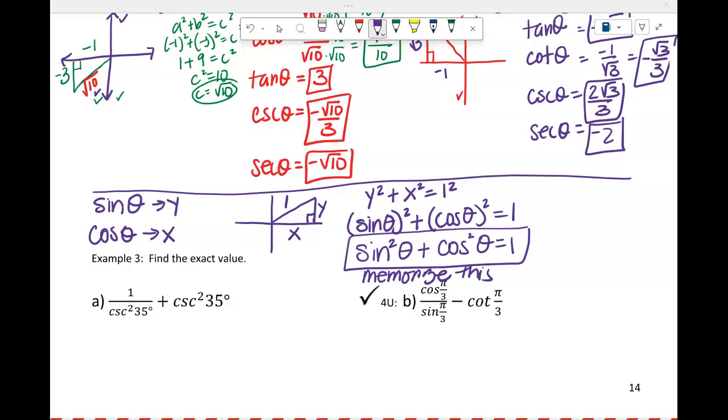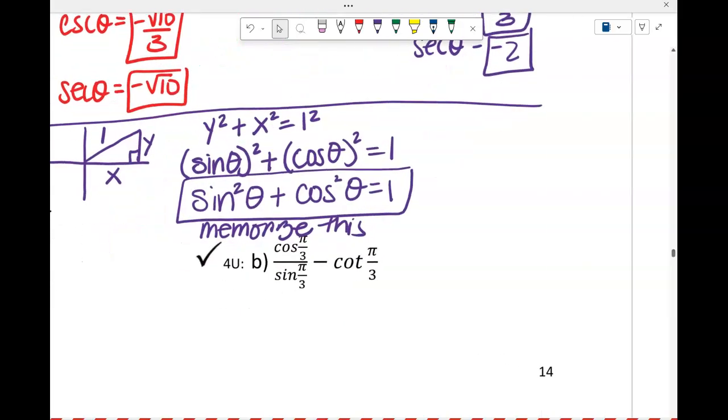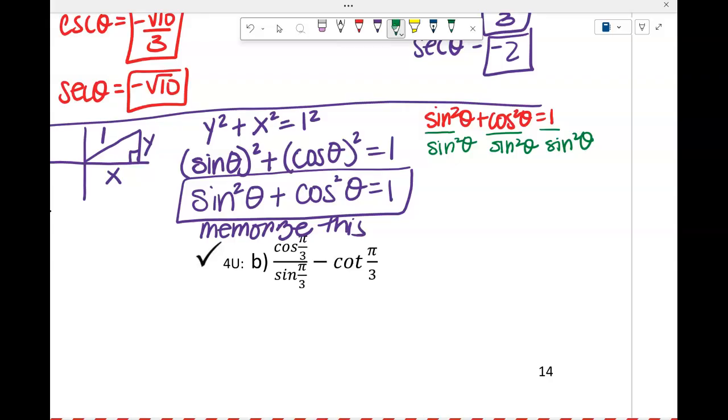Now from this one really important trig theorem, sine squared plus cosine squared equals 1, we are going to come up with 2 more by simply dividing, okay? So I'm copying down sine squared of theta plus cosine squared of theta equals 1. If I take each term and divide each term by sine squared of theta, well, sine squared divided by sine squared is going to be 1.